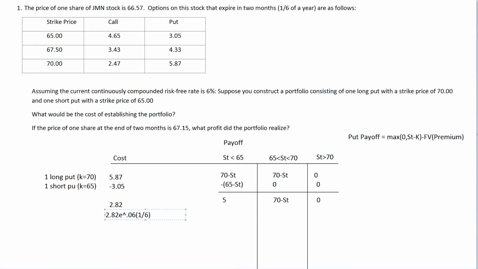That gives us 2.848. So we need to subtract that from all of our possible options, minus 2.848, minus 2.848, minus 2.848.